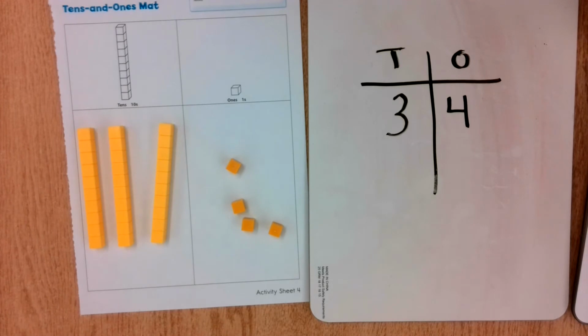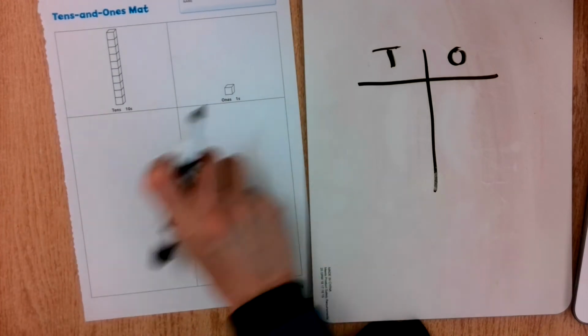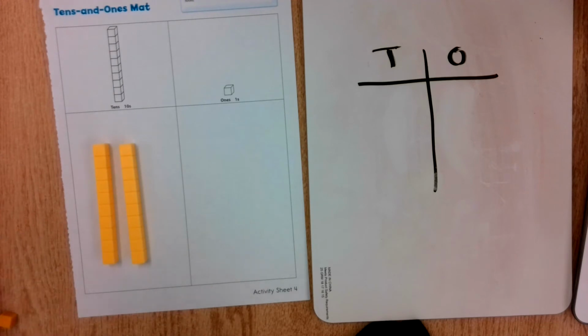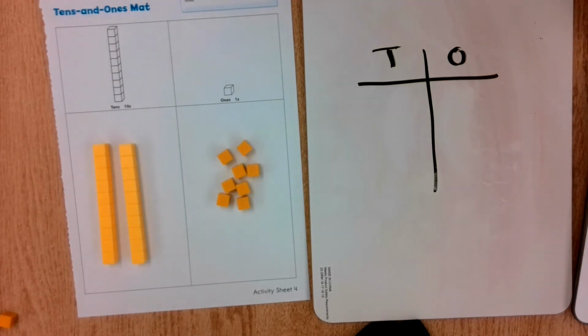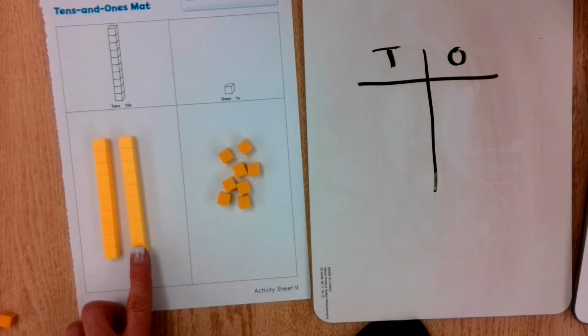Okay, let's try another one. Let's figure out how many are here. Again, we can start with the 10s, 10, 20.